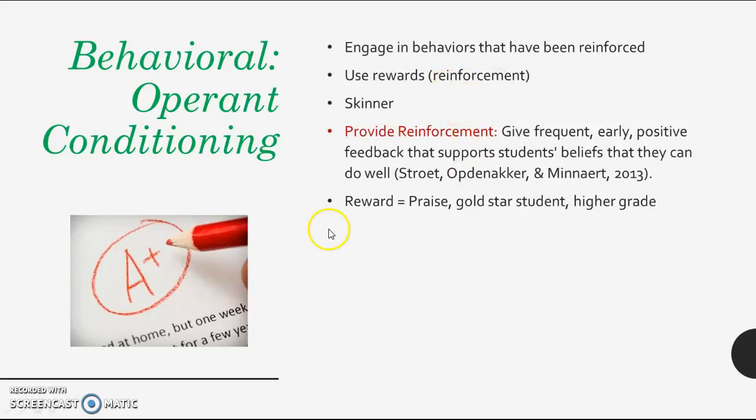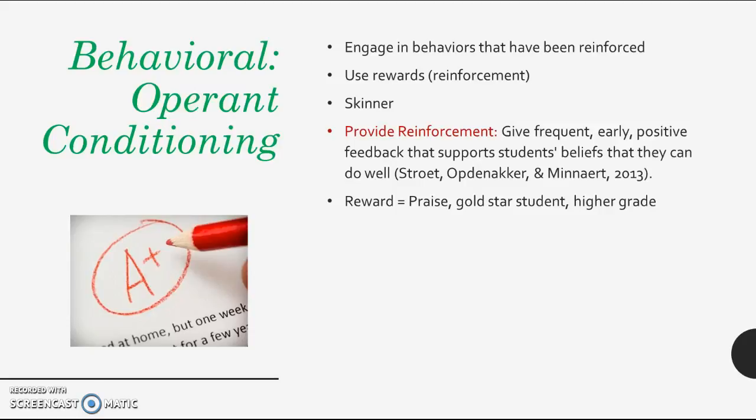So how can we use operant conditioning in the classroom? Well, we need to provide reinforcement. We need to give feedback to students so that they are rewarded for positive behaviors when they get engaged in a project, when they put effort into the project.